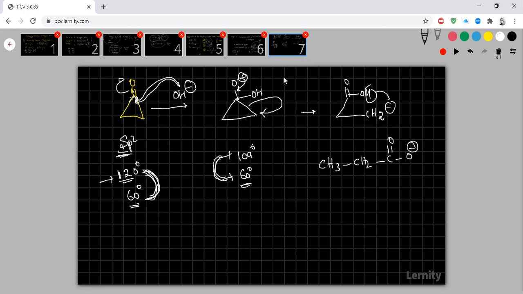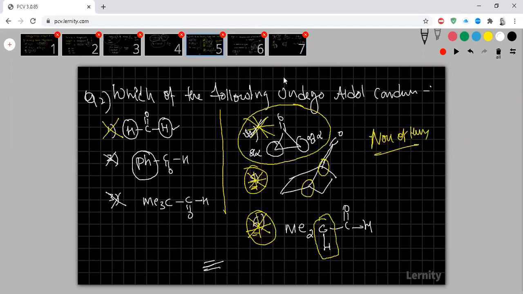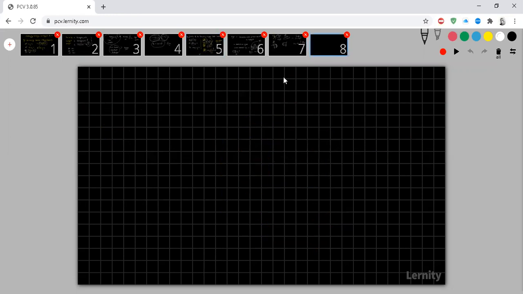So if you take NaOH as a base, then you will get the Na plus O minus, right? Next, the second one is the bicyclic compound. See, remember there is a rule, and that rule is called the Bent rule.